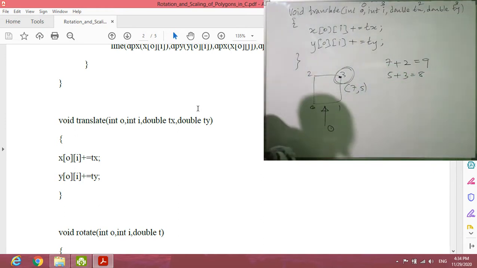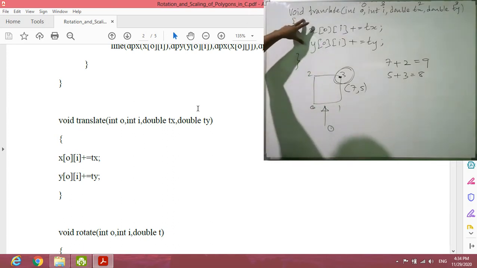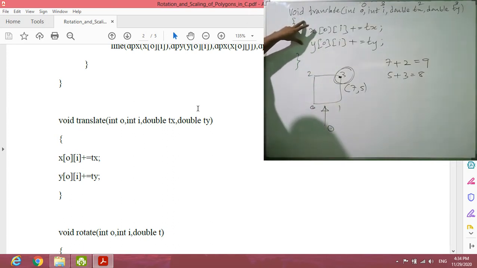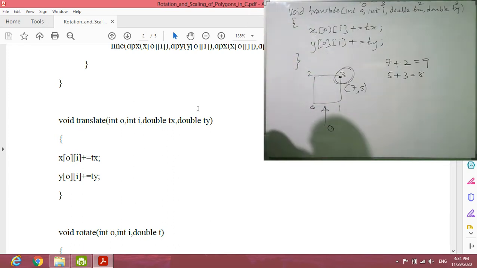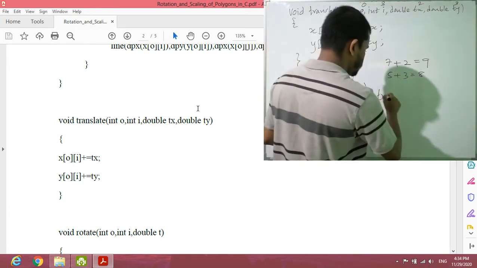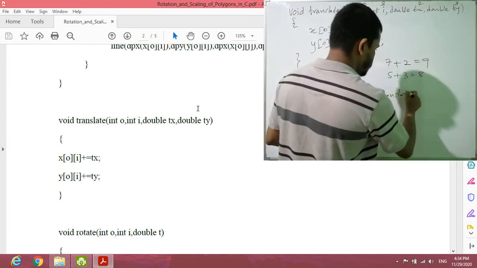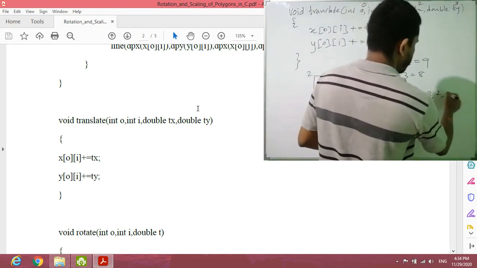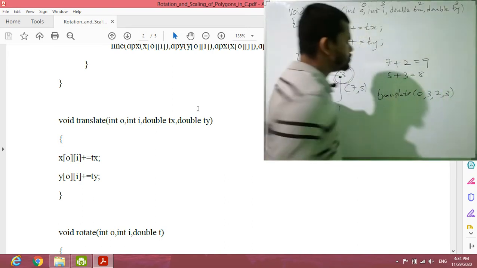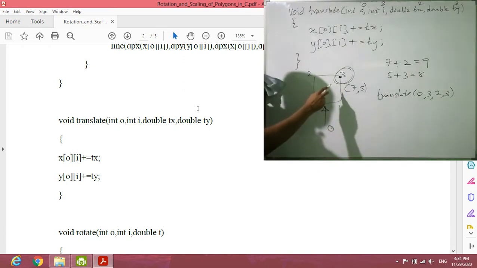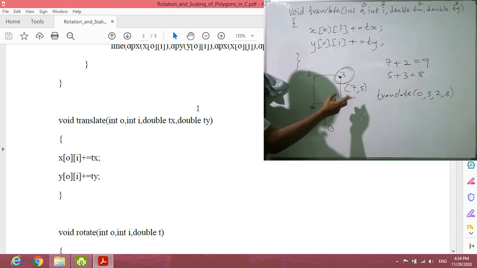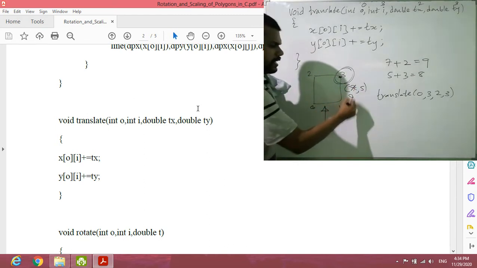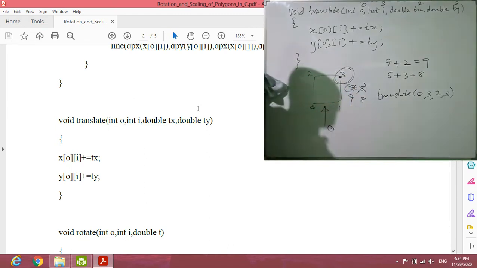Therefore, if we invoke this particular function in this way, translate 0, 3, 2, 3, this particular vertex will change to 9 and 8.